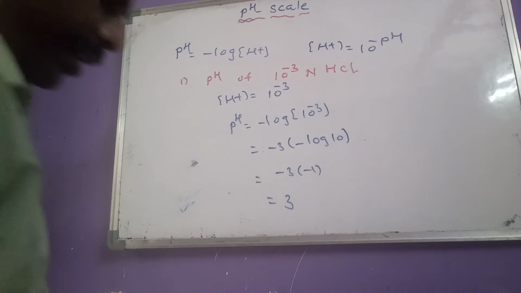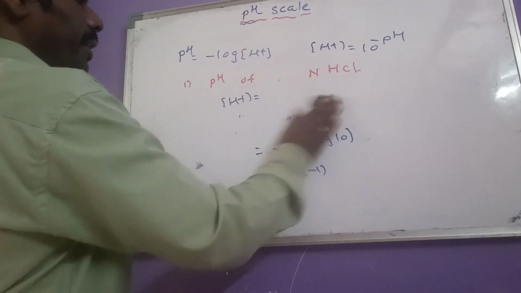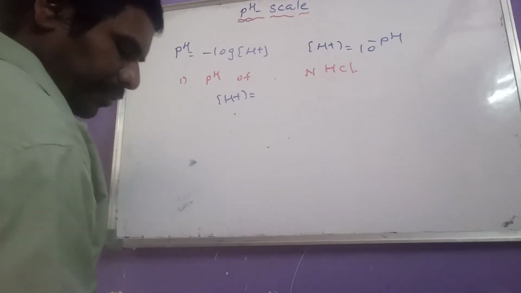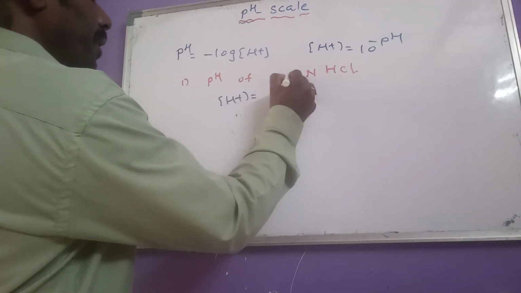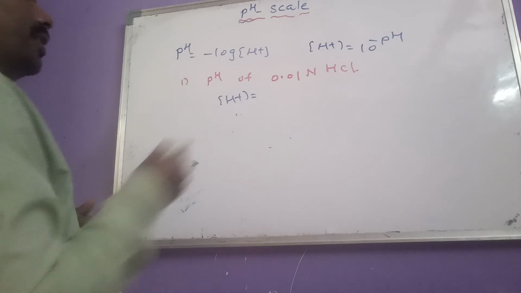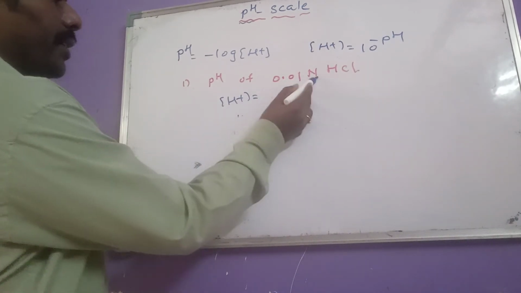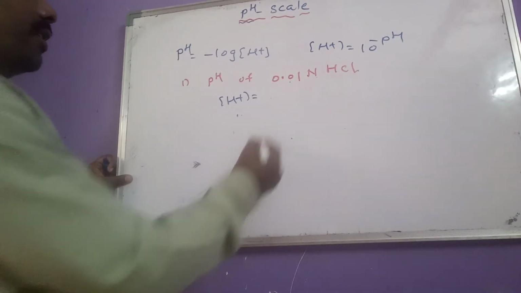Okay. Now the same question they may give in another way. What is the pH of 0.01 N HCl solution? They have given normality, which means the given normality is directly equal to the H plus ion concentration.